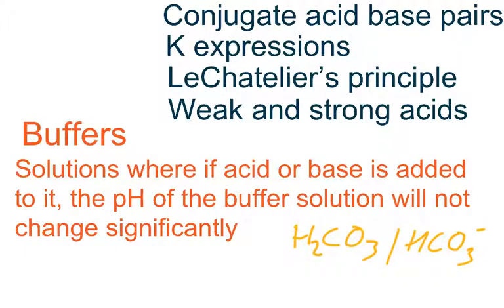Before I get into that, please review these topics: conjugate acid-base pairs, equilibrium constant expressions or K expressions, Le Chatelier's principle from equilibrium, and know your strong and weak acids. I have videos on the first three on my site, so you can check them out.